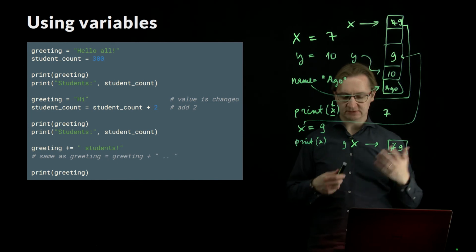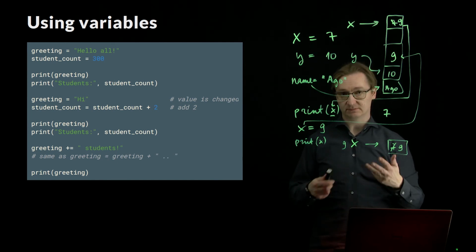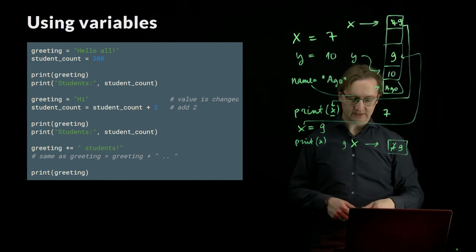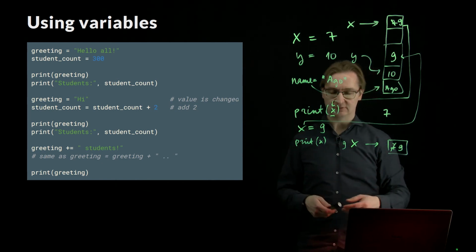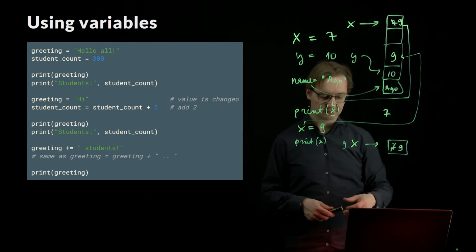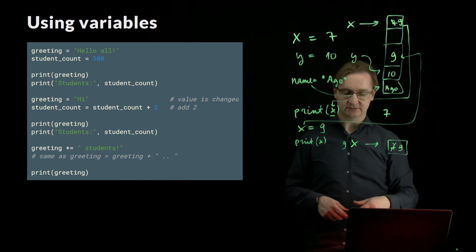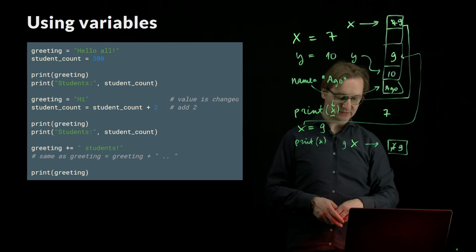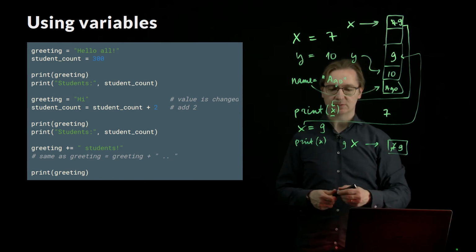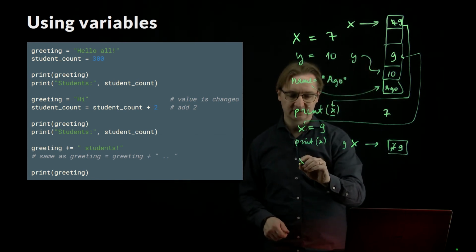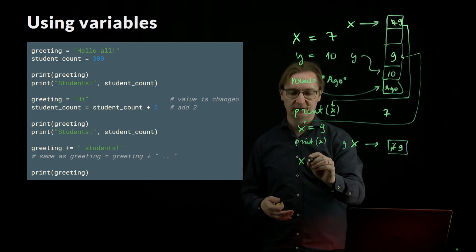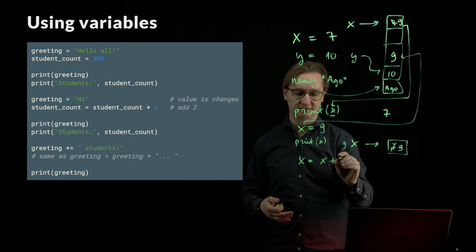I can print out the greeting, I can print out the number of students. I can change the value for greeting. So the greeting was hello all, now it's hi, and I can increase the student count. So what happens here is that, instead of assigning a new value, I add 2.